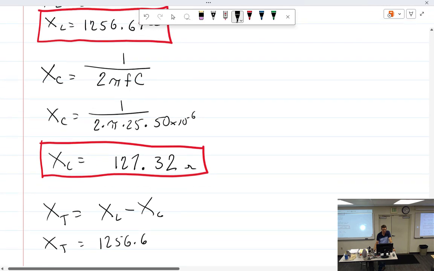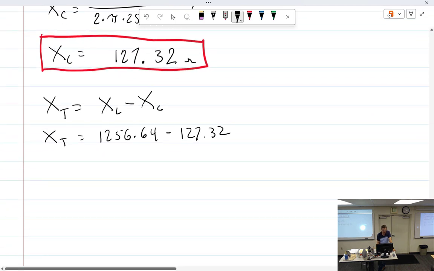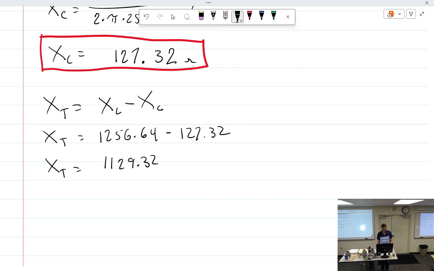1256.64 minus 127.32. That's 1129.32. Good.